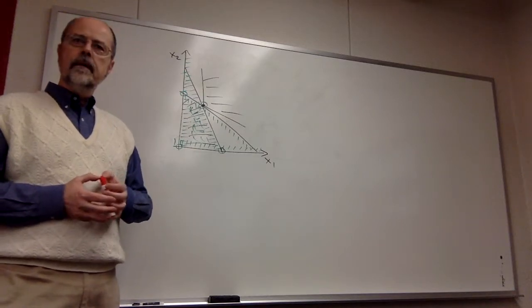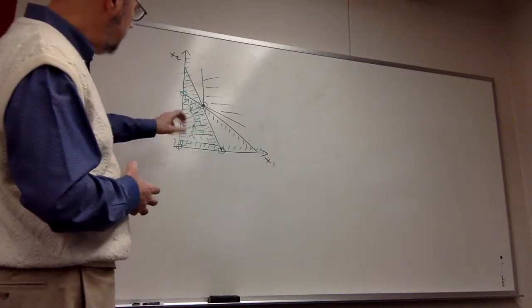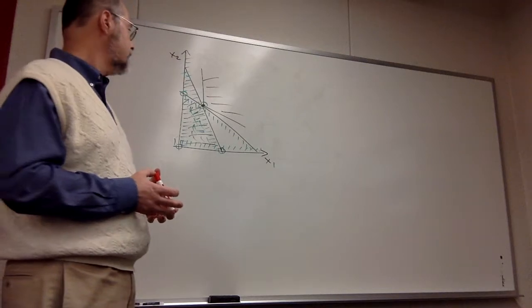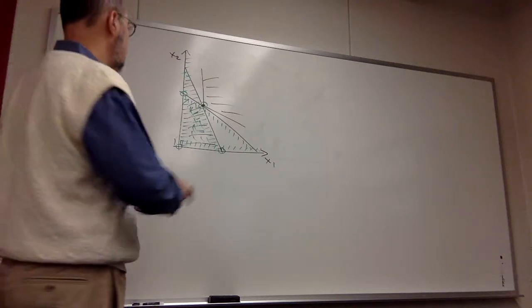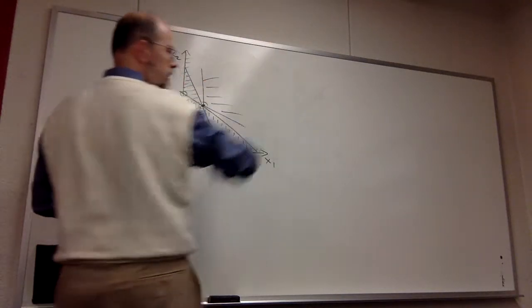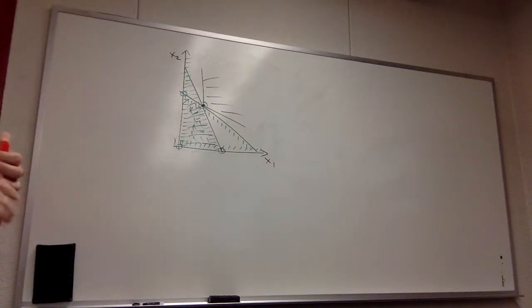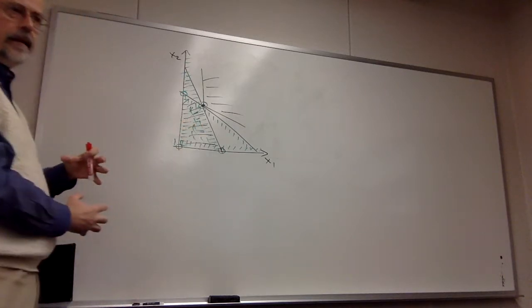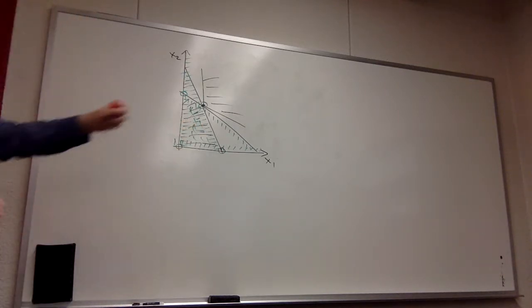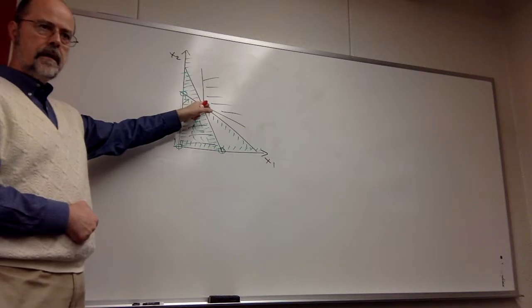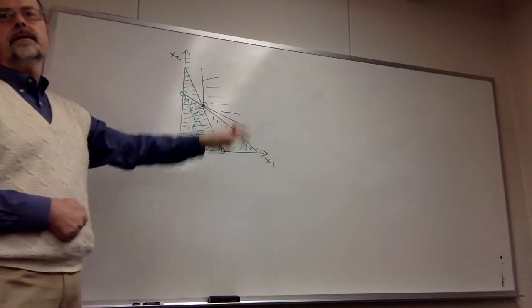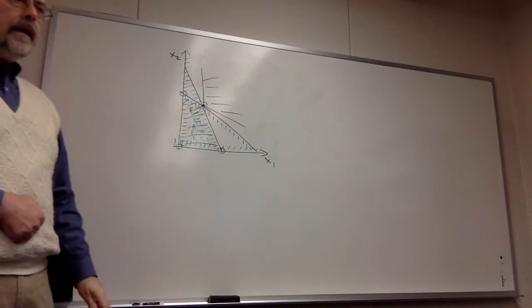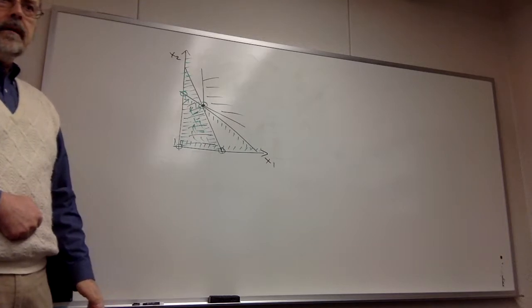What I'm trying to explain here is that, in fact, if the upper contour sets of the objective function are convex sets, so the objective function is quasi-concave, and the feasible set is a convex set, and the maximum exists, you do not need differentiability anywhere to find Lagrange multipliers.